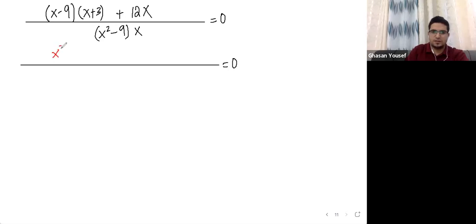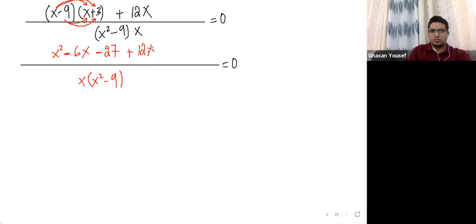I distribute inside the parentheses, so I get x squared plus 3x minus 9x, which gives minus 6x, and minus 9 times 3, which gives minus 27, and plus 12x. Here, the same thing, I can write it as x times x squared minus 9.